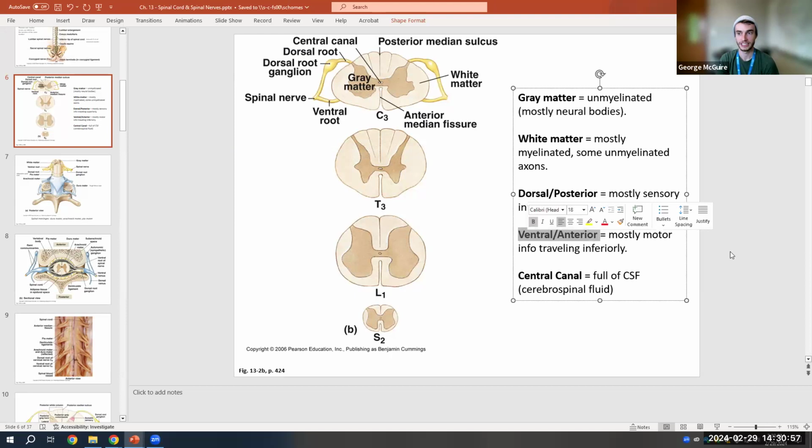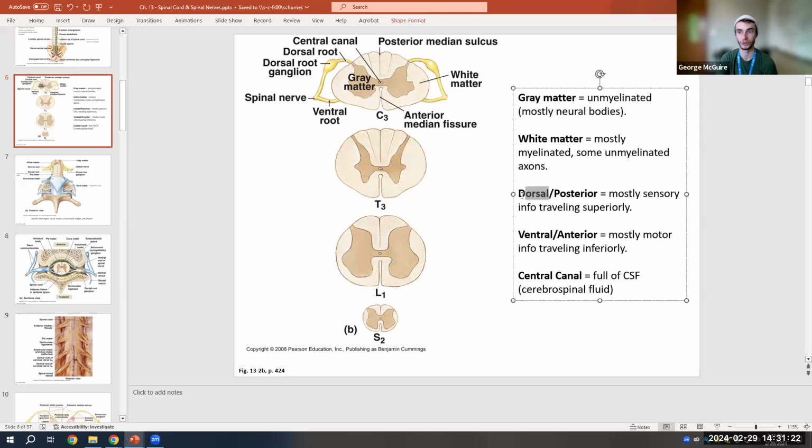And then I introduced that these terms for direction, dorsal and posterior, as well as ventral and anterior, are referring to the same direction. We have two different terms because in different organisms, they refer to different things. Dorsal means towards the back, or, a better way to say that, towards the vertebral column.